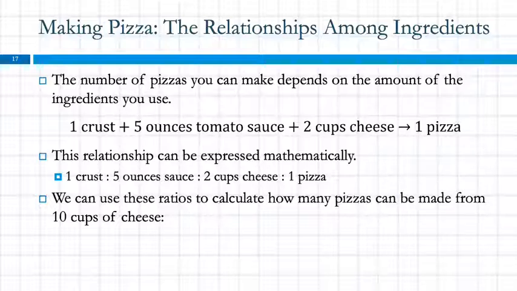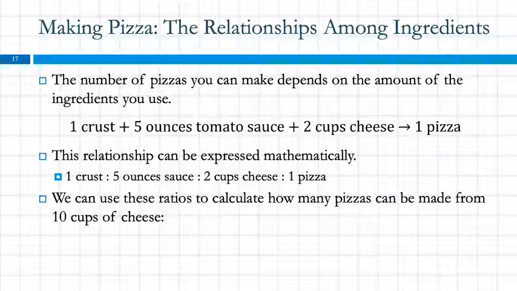So here we're using a very, very simple equation, a recipe for pizza. 1 crust, 5 ounces of tomato sauce, and 2 cups of cheese, and that makes 1 pizza. So we can express that mathematically and say there are ratios. 1 crust to 5 ounces of sauce to 2 cups of cheese to 1 pizza. And we can use this to calculate how many pizzas we can make if we had 10 cups of cheese.